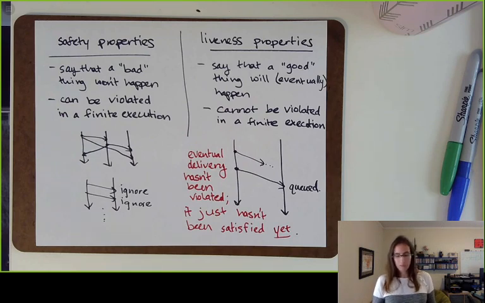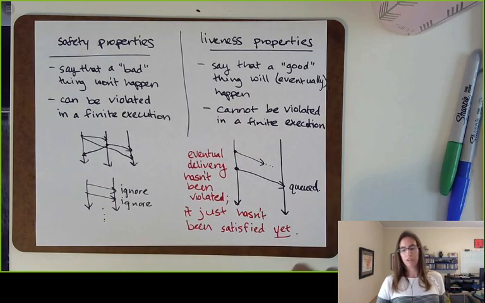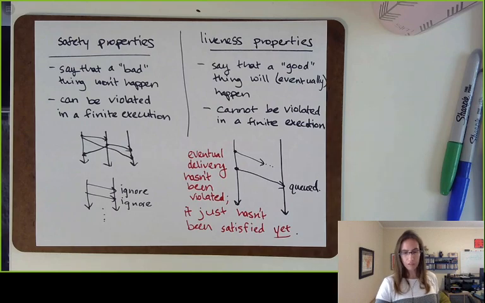So let me define for you this eventual delivery thing, other than just messages eventually get delivered, because that's kind of a circular definition. Let's give it a little bit of a more formal definition.